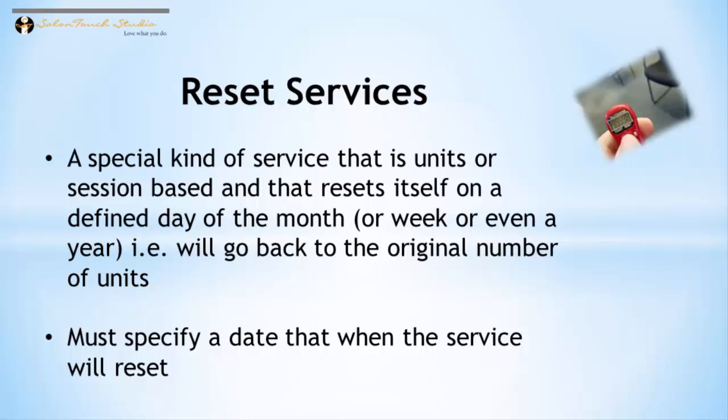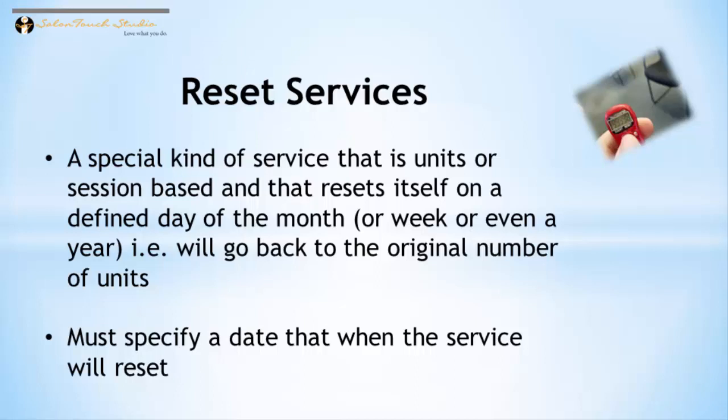Could be the 1st of the month, could be the 5th of the month, 15th, or whatever. Also, keep in mind that any units you use during the month will also reset back to 0.